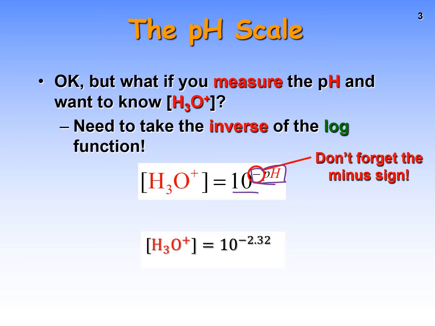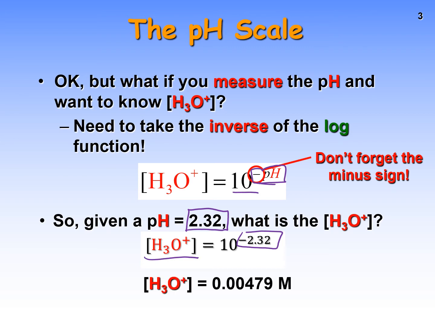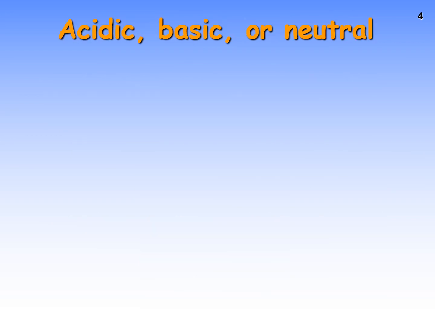So if I know, for instance, that the pH is 2.32, I can put 10 to the negative 2.32 to get my H3O plus concentration. If I plug that in, I get 0.00479 molar as my H3O plus concentration of this solution with a pH of 2.32. This is going to be very important to later problems that we do, to be able to go both directions.